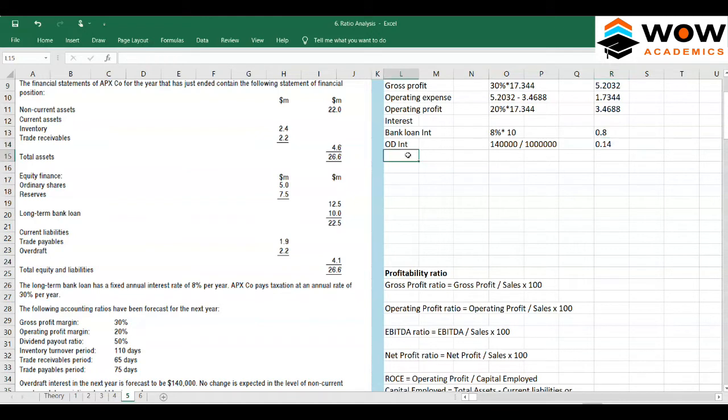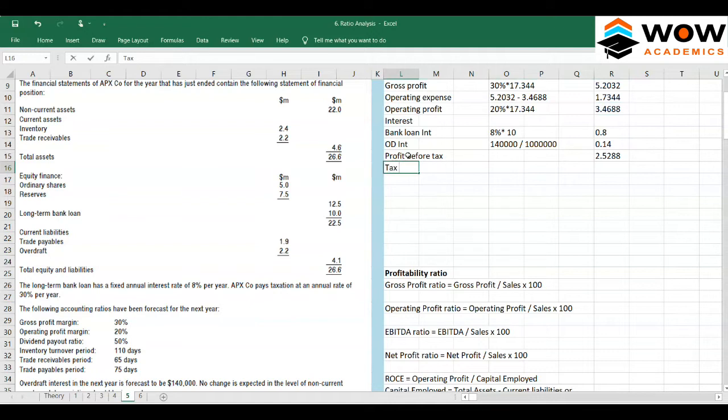Okay, so this is going to be the interest, and we can put it as profit before tax. You can take the operating profit, deduct these two numbers, and you get the answer.